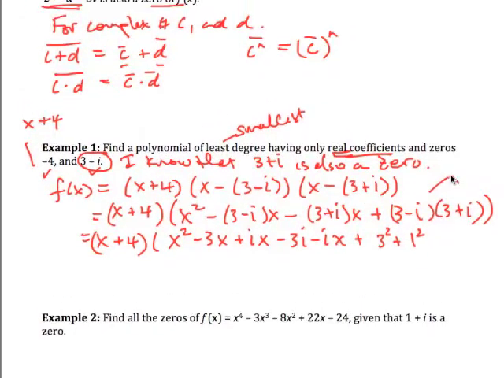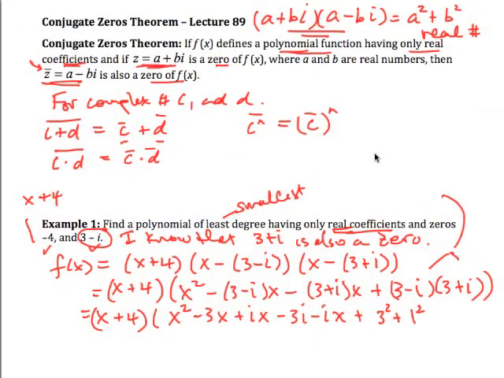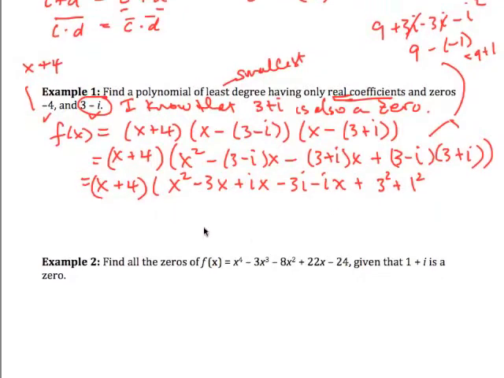And if you FOIL this out, this is what you'll get. If you look at here, you get 9 plus 3i minus 3i minus i squared. These cancel. I have 9, subtract i squared, which is negative 1. So I end up with 9 plus 1, which is exactly what we have here.